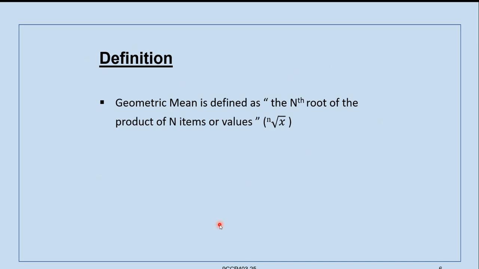Now we will see the definition of geometric mean. Geometric mean is defined as the nth root of the product of n items or values.